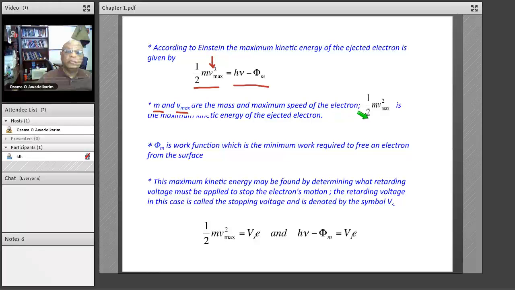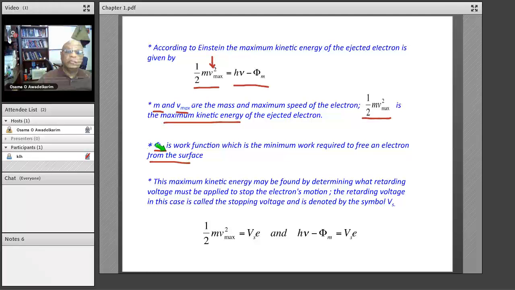So half m v max squared is the maximum kinetic energy of the ejected electron. So phi m is the work function, which is the minimum work required to free an electron from the surface. That's what phi m is.